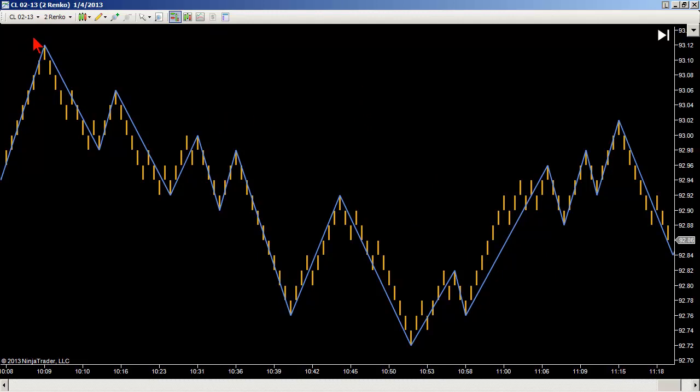You can see right here, each one of these turning points is lower than the previous turning point. Down here, here, and here.